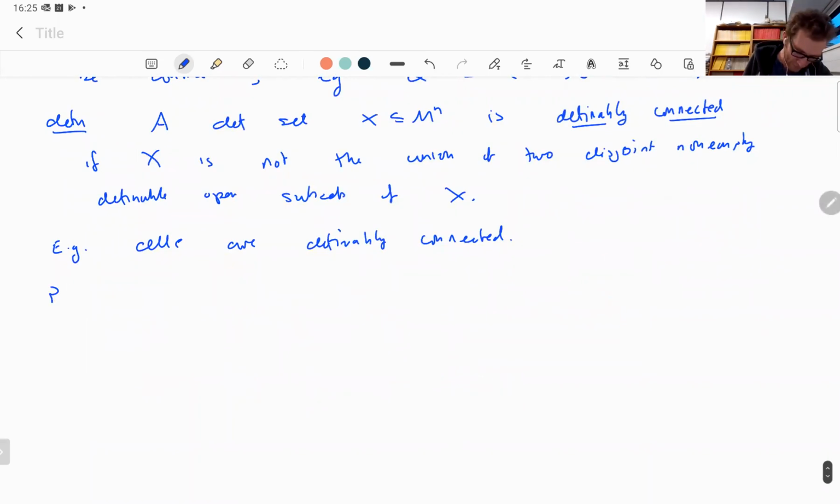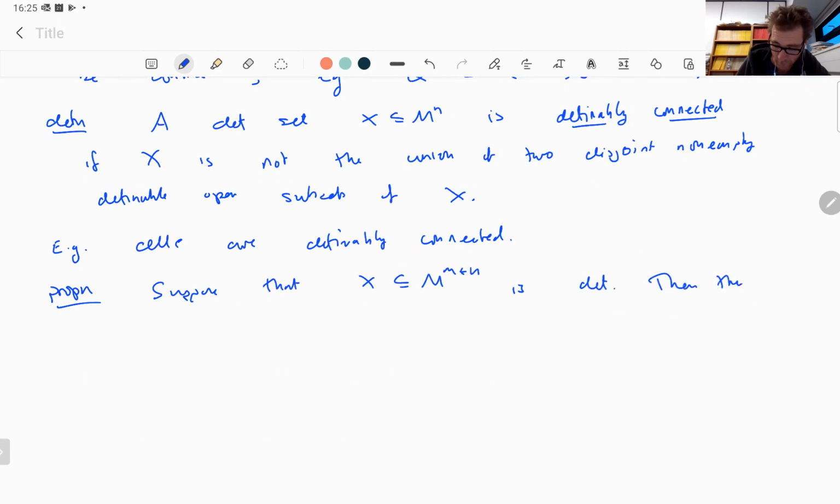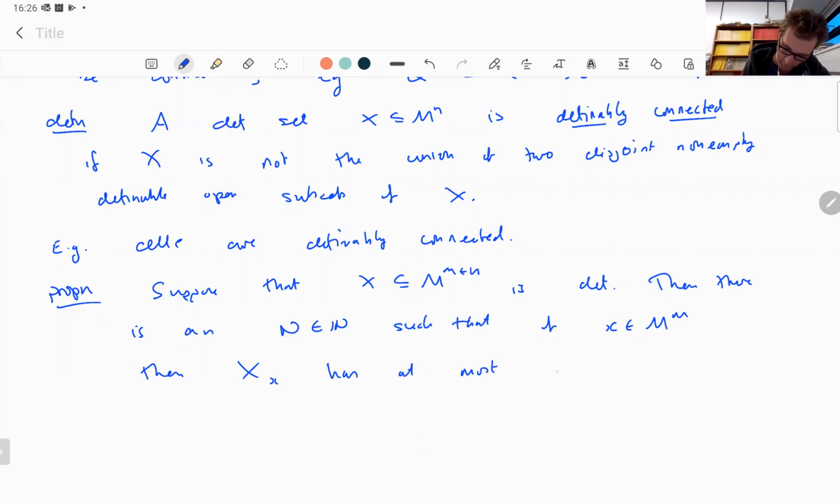Proposition: suppose that I have some definable subset of M^(m+n). Then there is a big N such that if x is in M^m, then the fiber over x has at most big N definably connected components.